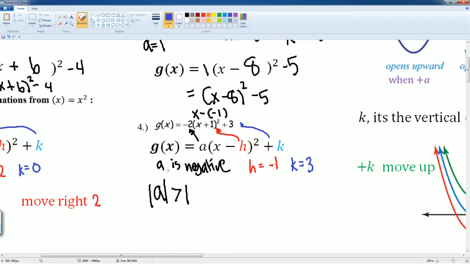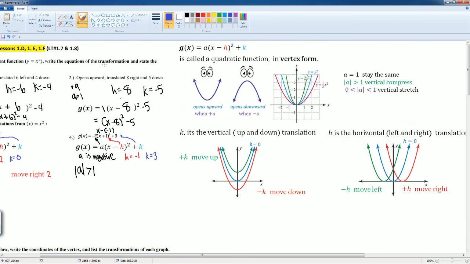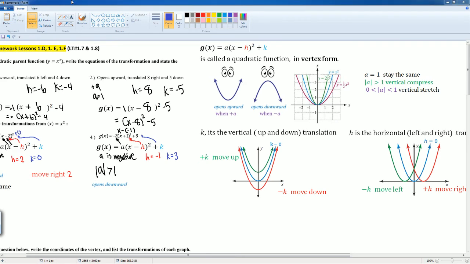So when A is negative, that does tell you that it opens downwards. And when the absolute value of A is greater than 1, that is a vertical compression. Do you see how it compresses? We can say it vertically compresses, because the absolute value of A is greater than 1.